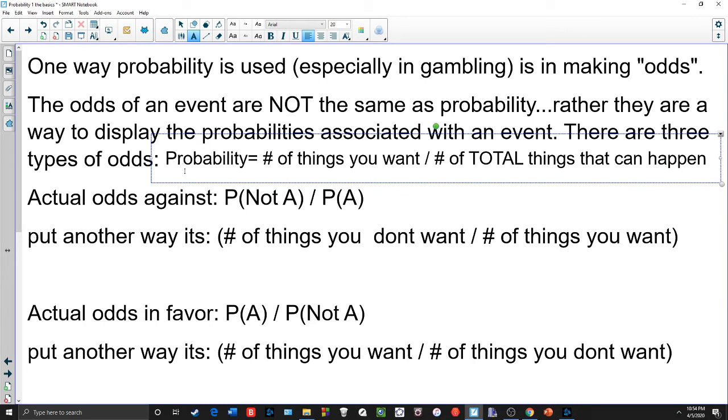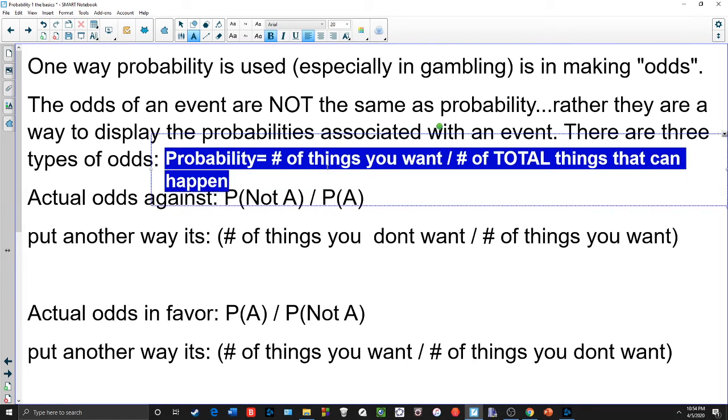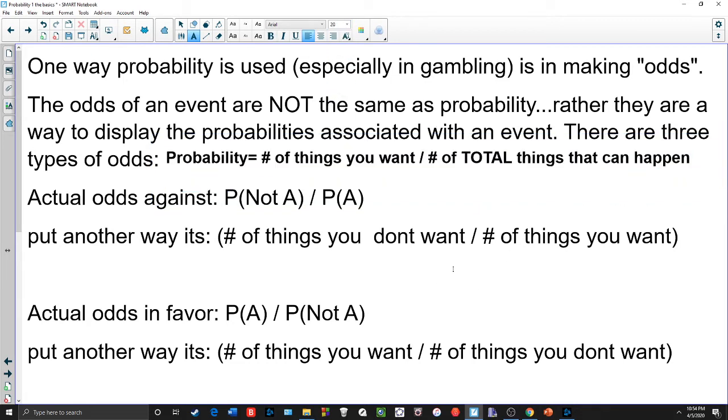That's what probability is. So probability is the number of things you want over the total number of things that can happen.